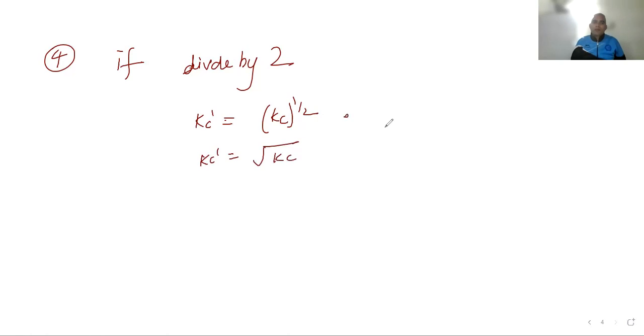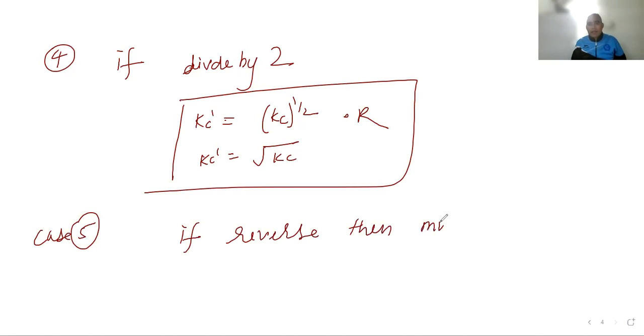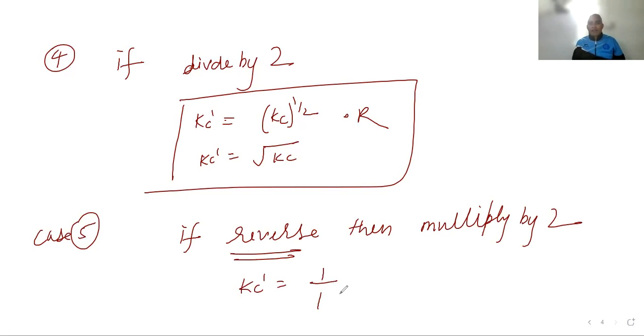That is the case. And the last case, case 5, is what we applied in the last question. If reverse and then multiply by 2, then what can we write? Reverse means it will go in the denominator. Kc dash is equal to 1 upon Kc, and this will be squared.